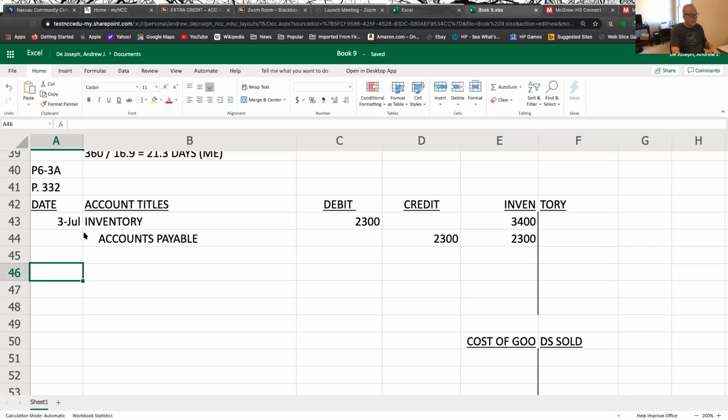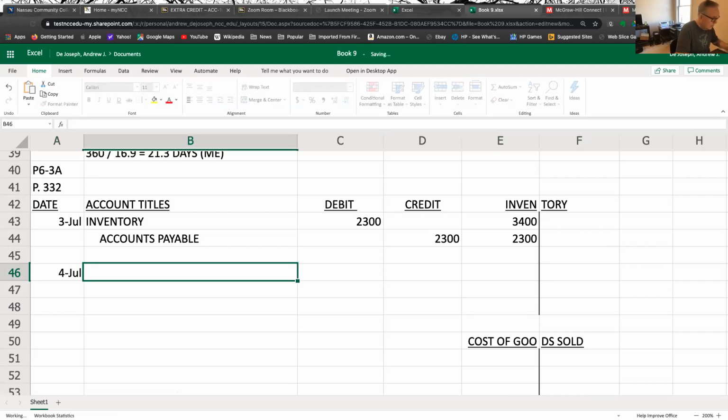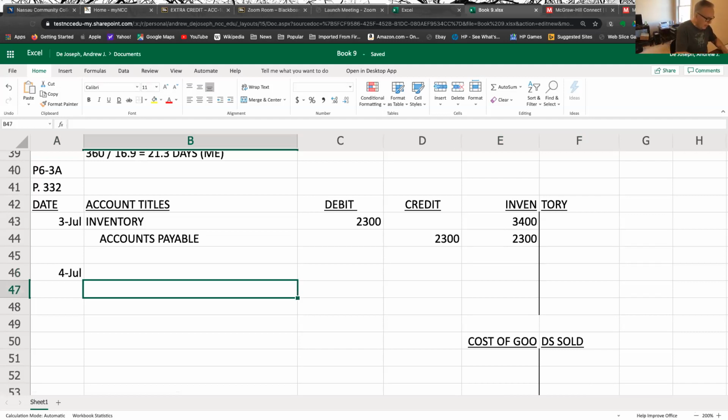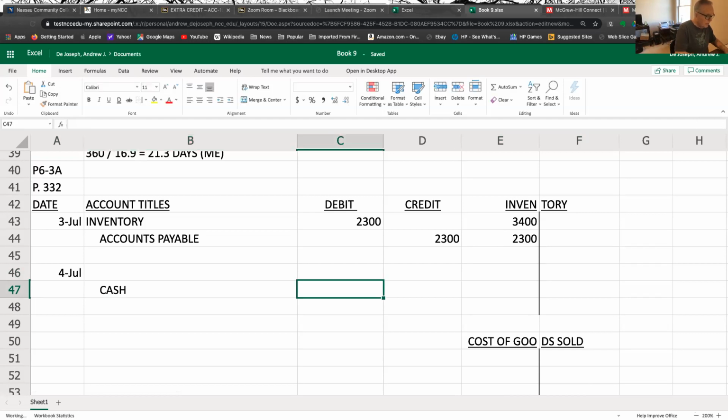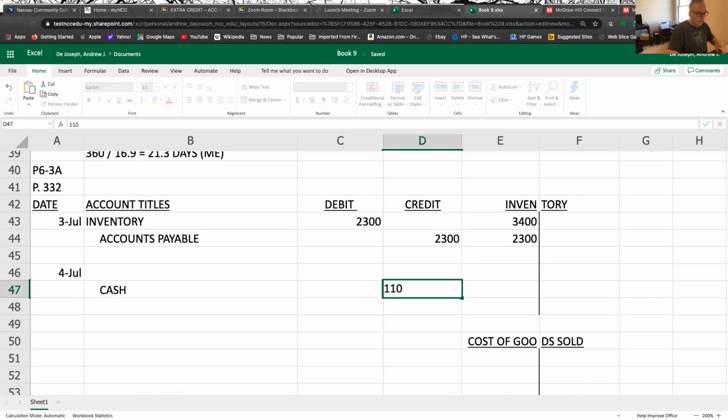Okay, so now we have July 4th. July 4th, pay cash for freight charges related to the July 3rd purchase for $110. Now, when I see the words pay cash, what am I going to do? Credit cash, right? I must credit cash for $110.